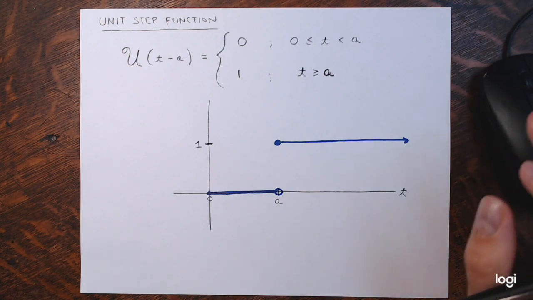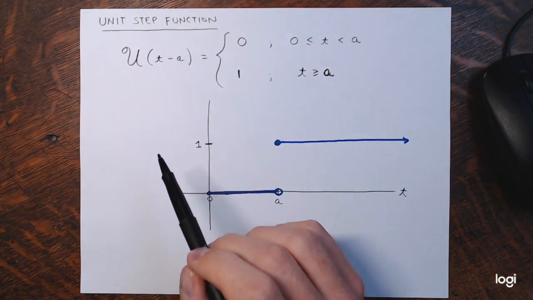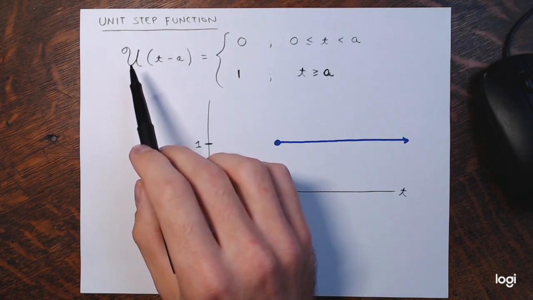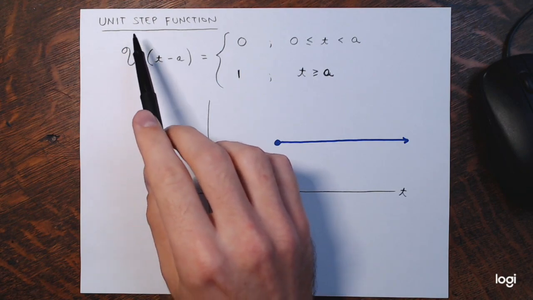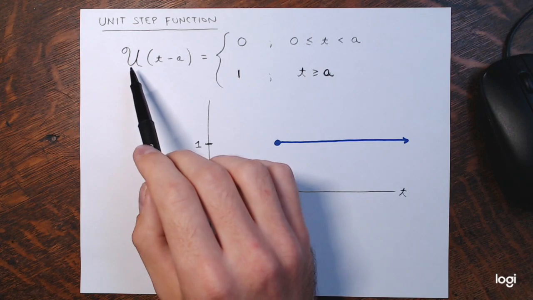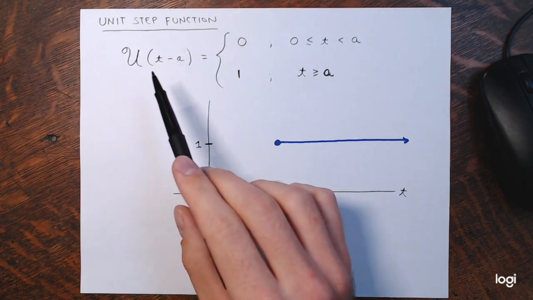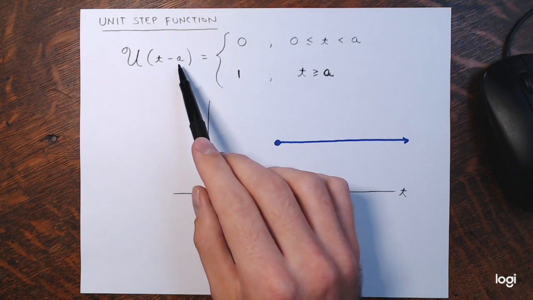Okay, so what is the unit step function? In the book I'm looking at, and in some textbooks I've seen, the unit step function is labeled by this fancy script capital U. Then it's u of t minus a, where a is some positive real number.